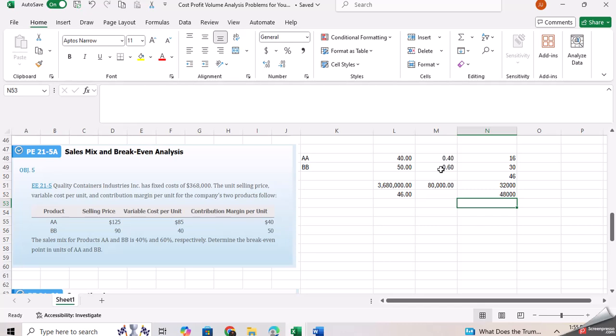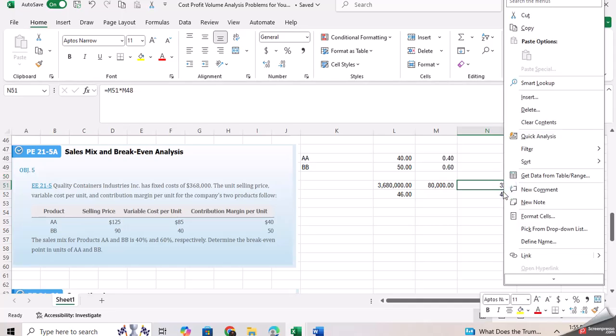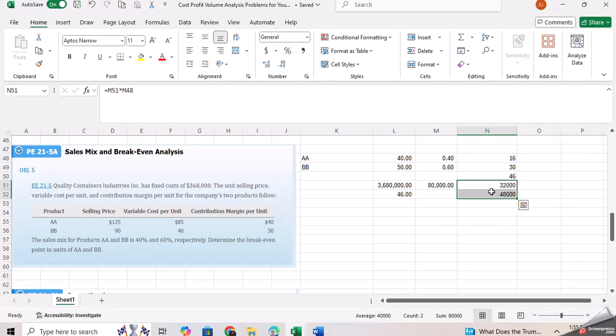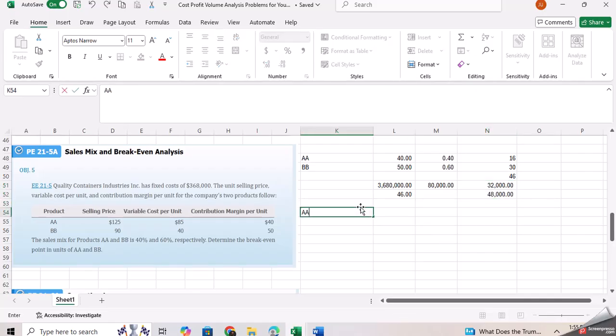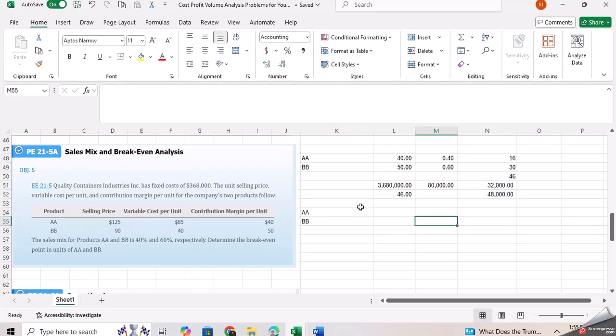And then let's just double check that. So if we come up here, make these dollars, whoops. So if we come down, I guess I'll come down below because we got space. So AA and BB, again, our unit contribution margin is $40 for AA, and if we are selling 32,000 units, and then the contribution margin for BB is 50, and we're selling 48,000 units.